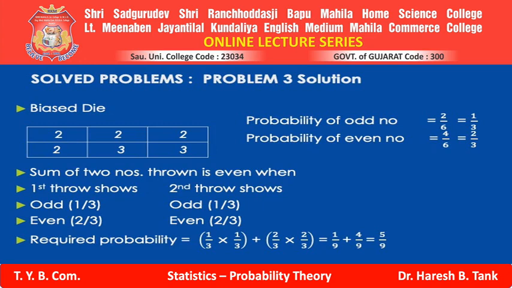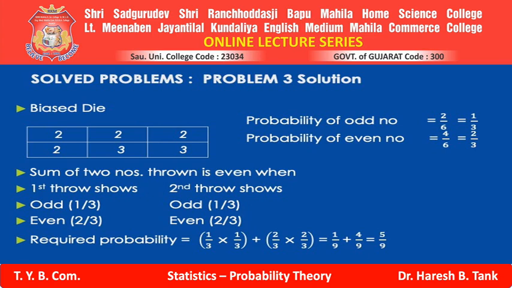Since it is a biased die, put it in a tabulated form. Probability of getting an odd number is 2 by 6, which simplifying comes to 1 upon 3. And probability of getting an even number, being twice as likely, is 4 by 6, which is nothing but 2 upon 3. Right?